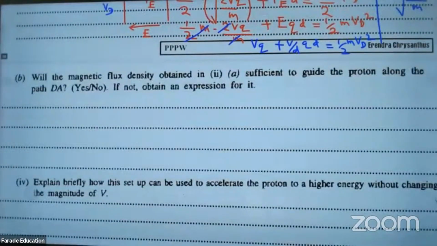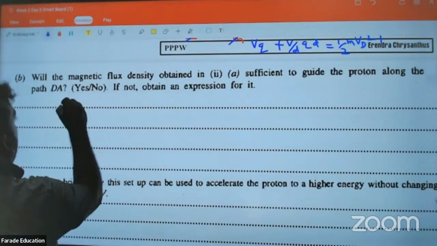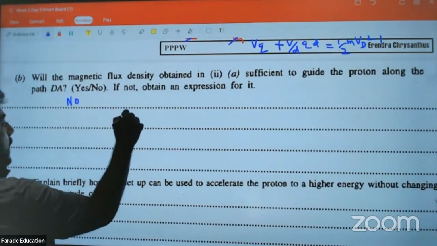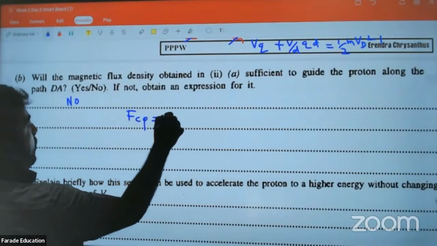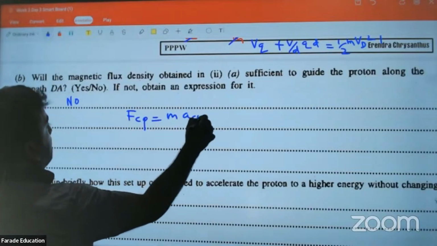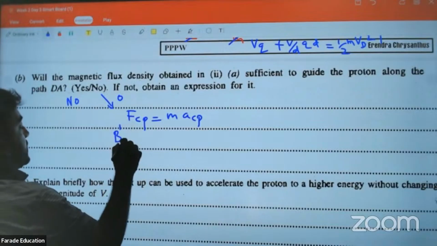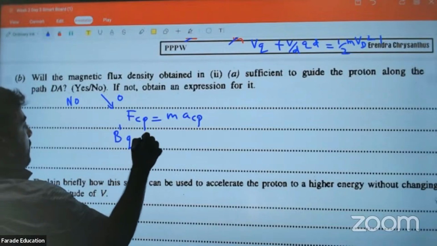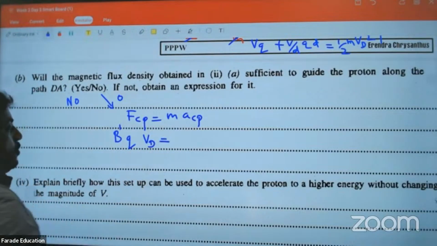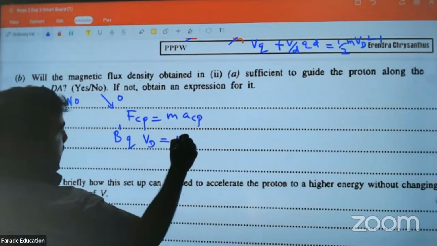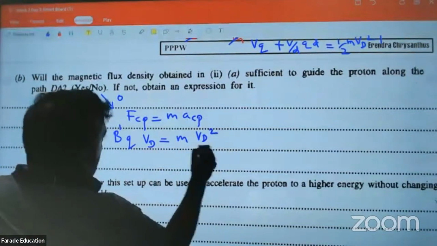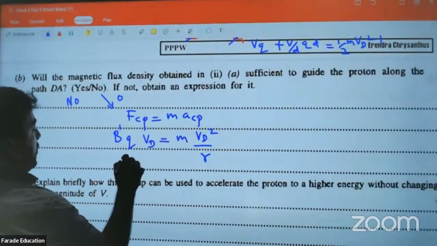Will the magnetic flux density obtained in the previous part be sufficient to guide the proton along the next path? Answer is no. Now centripetal force equals mass into centripetal acceleration acting to the center. Magnetic force B dash q vd, charge is the same, velocity is vd, equals m vd squared over the same radius r. vd cancels off.